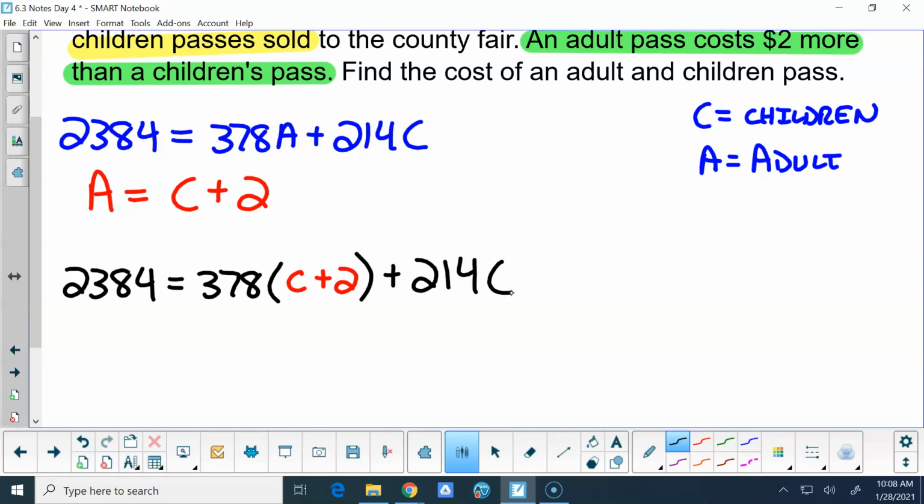Distribute. Yep. Love it. So 2,384 equals 378C plus, what do we have?